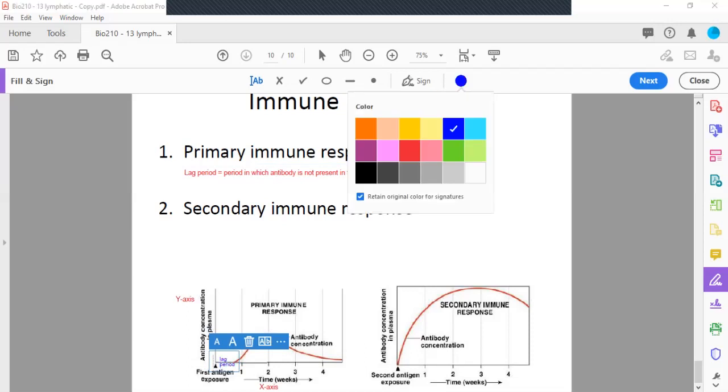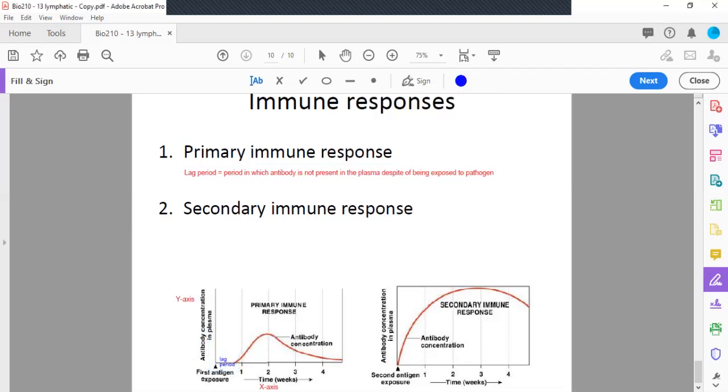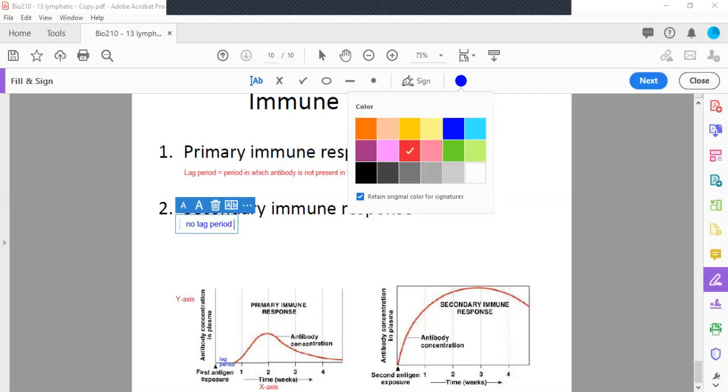Now the lag period is absent, so there's no lag period in the secondary immune response. So you probably ask why. What actually occurs during the lag period? That's the question we want to ask.